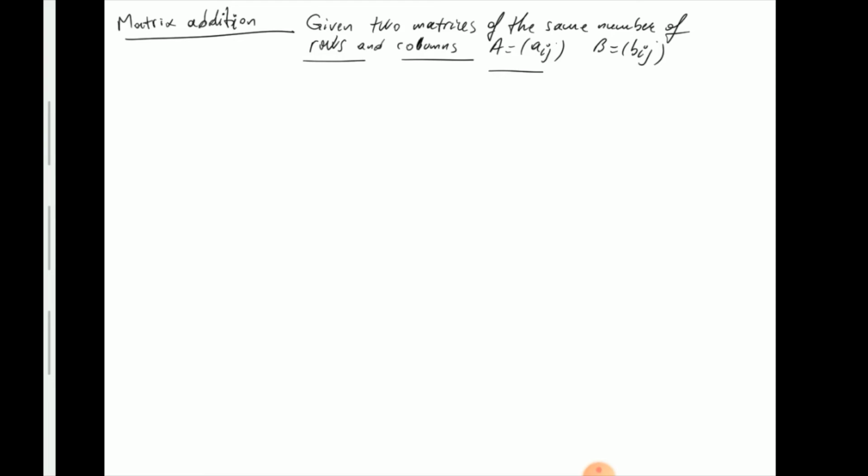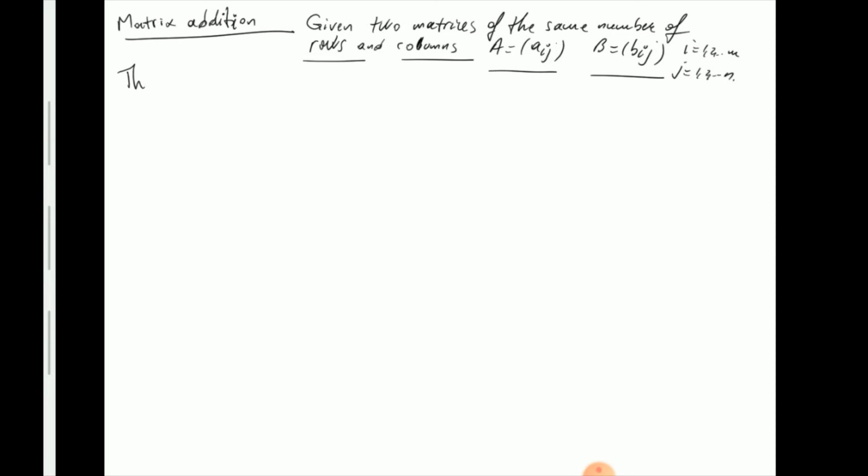So suppose I have a matrix A and a matrix B given by these generic elements, Aij, Bij, and let's say, like before, i goes from 1 to m, j goes from 1 to n.